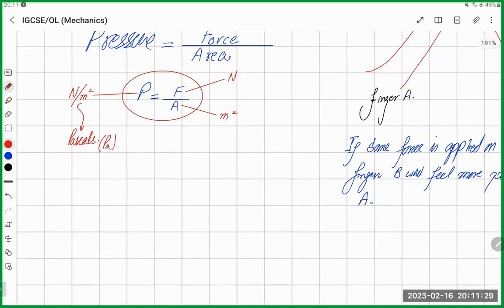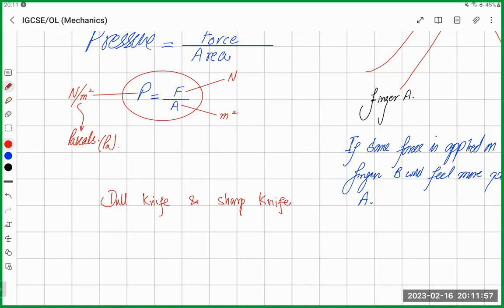Now, pressure and area are inversely proportional. What is the difference between a dull knife and a sharp knife? The sharp knife has a higher pressure because it has a very small area.